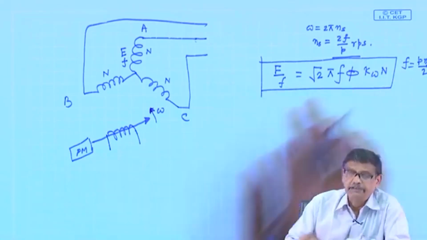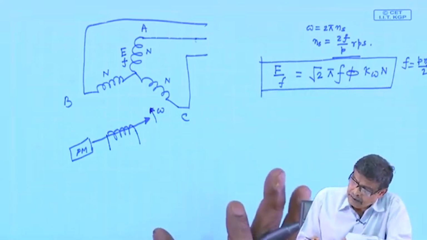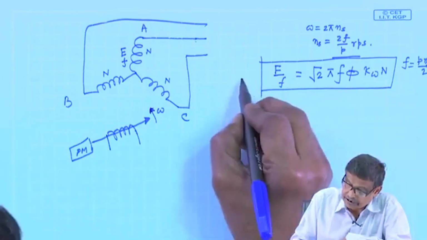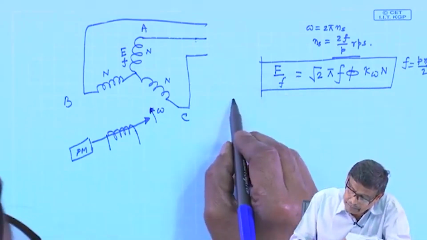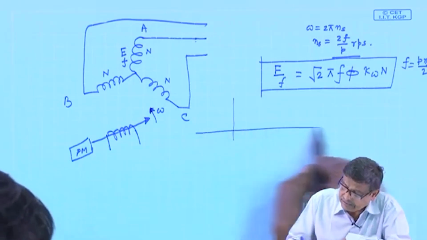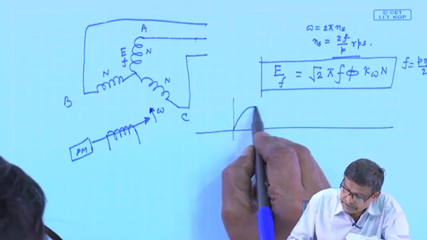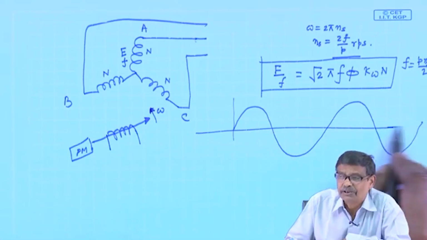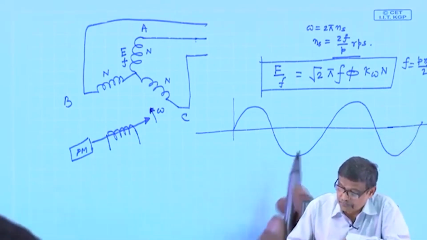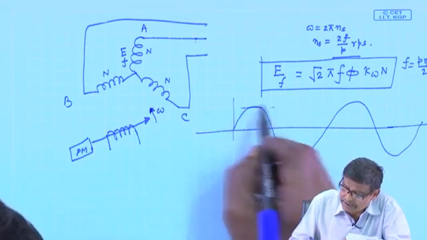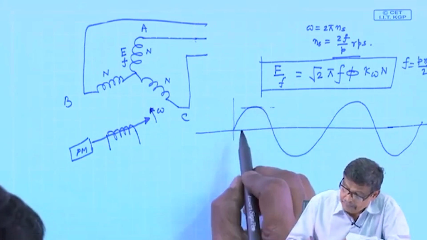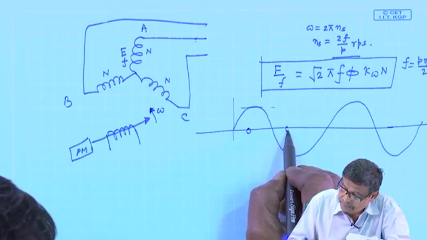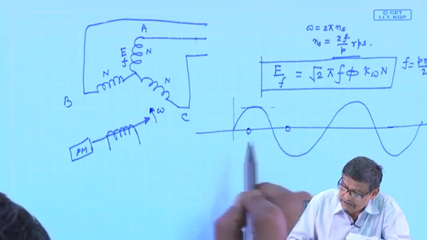How did I get this voltage? I got this expression of the voltage, which is the RMS voltage, by assuming that your B distribution is sinusoidal. Who makes it sinusoidal? The distribution of the coil. If you neglect harmonics, some B max sin theta is there. Then if you move a coil, a single coil is like this.